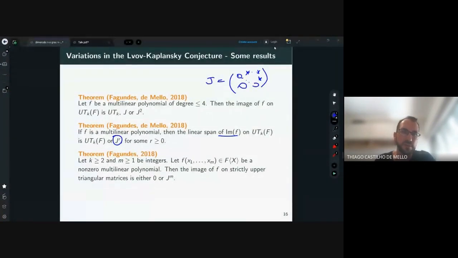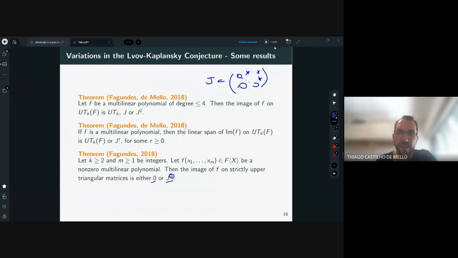So we have conjectured that not the linear span, but the image of a polynomial which is multilinear evaluated here would be this for some r. And this is the result I'm going to show you today. Okay, it's interesting to mention also that Fagundes considered the problem of the image of a polynomial on J, the strictly upper triangular matrices, and she showed that the image is either 0 when it's an identity, or J to the m here.